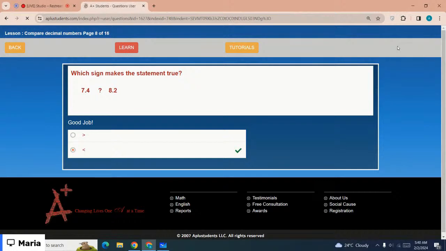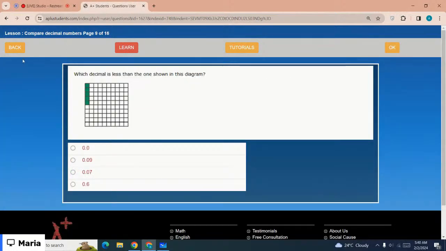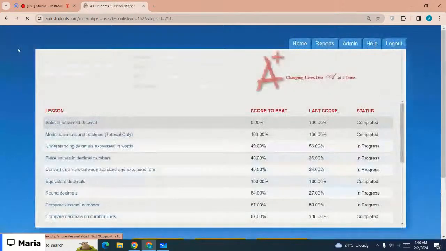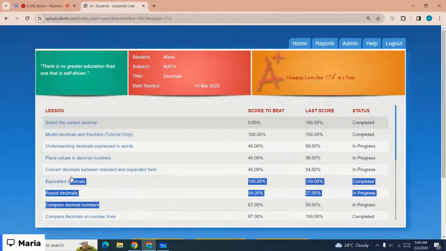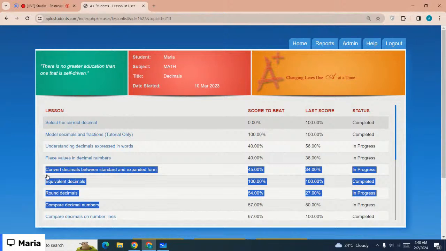Okay, you can complete the lesson by yourself later today. So, we were working on grade 5 math. The chapter we're working on is decimals, and the lessons we have covered today are decimal convert between standard and expanded form, equivalent decimals, round decimals, and compare decimal numbers, right?